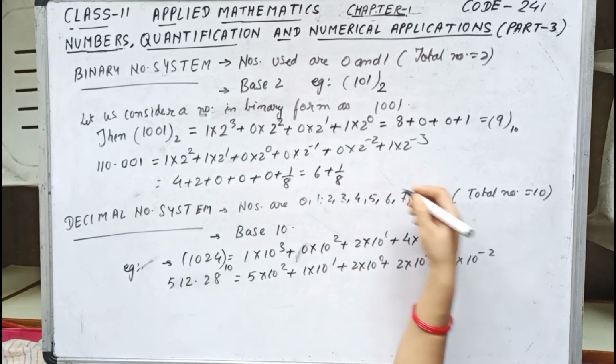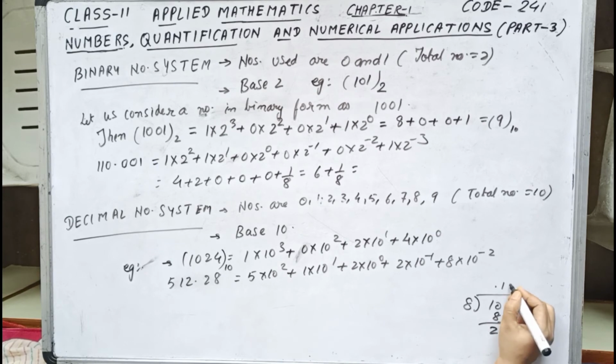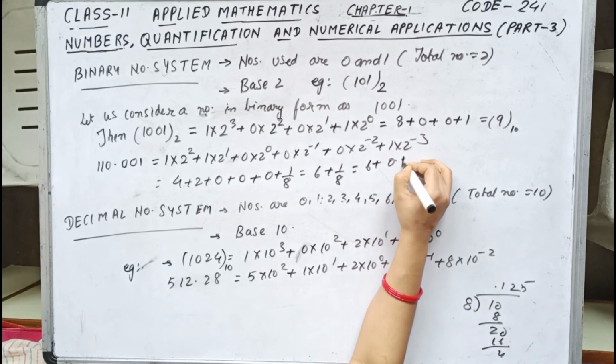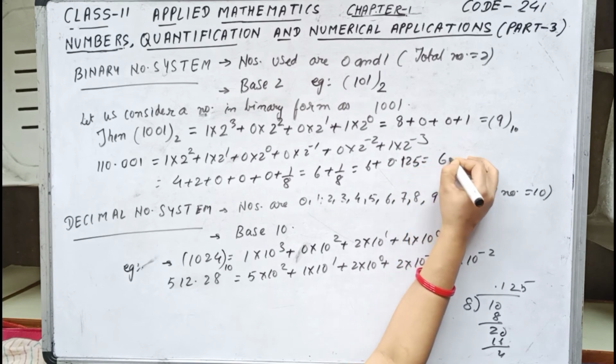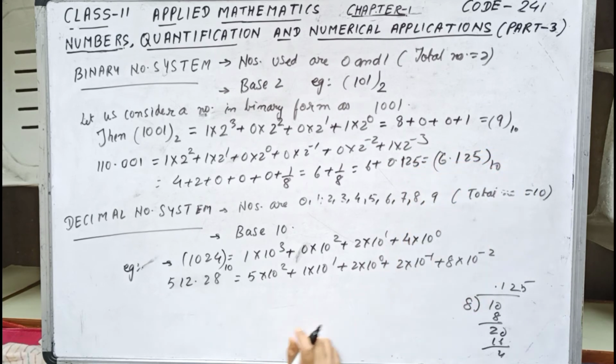Now 1 by 8 is 0.125. So 6 plus 0.125, so this value is 6.125 in the decimal system.